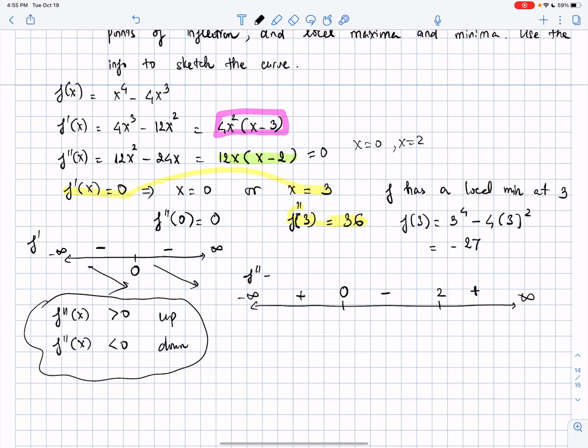So f double prime is positive from negative infinity to 0, and it's telling us this is concave up. Concave up is like this. And then this is telling us it's concave down, and this is telling us it's concave up.